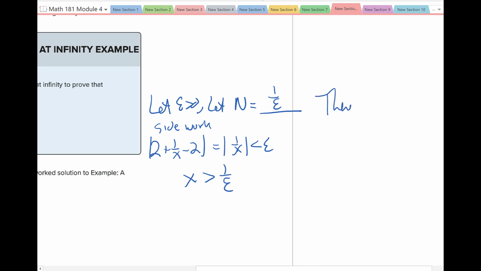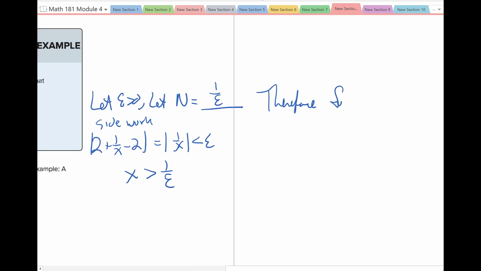You can say, therefore, for all x greater than n, this is one of those key points in the definition. Then we can build it back up again. 2 plus 1 over x minus 2 is equal to the absolute value of 1 over x, which is then less than 1 over n.